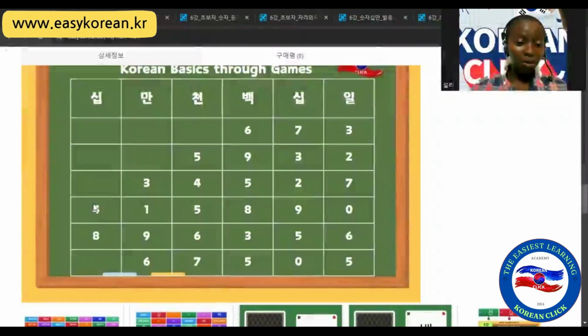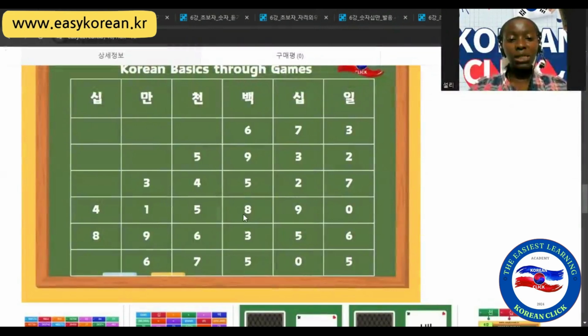Okay, now for this one, for the hundreds of thousands, we're doing sa, which is 4. The next one, il, which is 1, o, which is 5, pal, which is 8, gu, which is 9, and gong, but we are not going to be pronouncing gong, it's just the number 90. When we count in English, we just say 90. So let's start from 90.